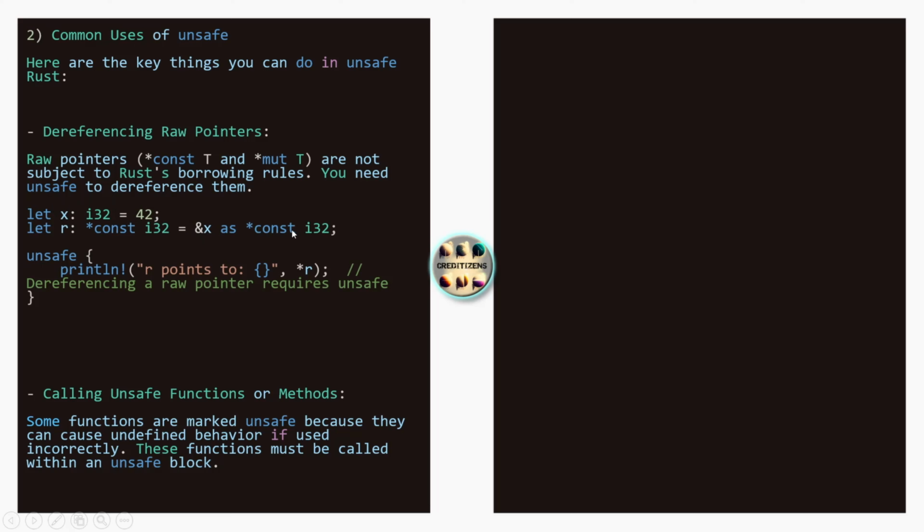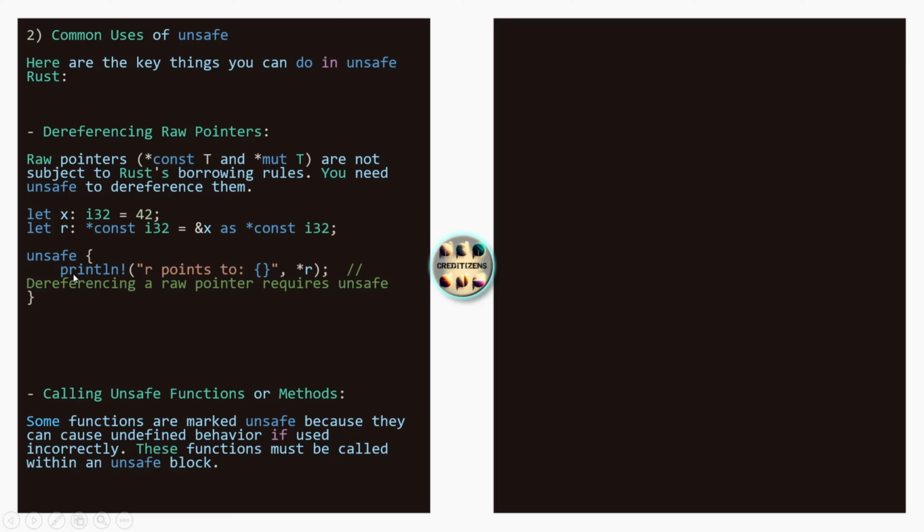So we're doing here casting in order to get this dereferencing done. Unsafe. This is how you're going to mark it. And you see there's those curly braces. And this is the scope. Whatever is inside, that's the unsafe.